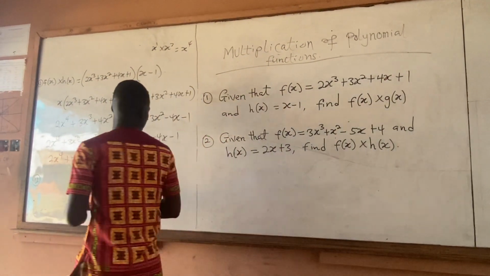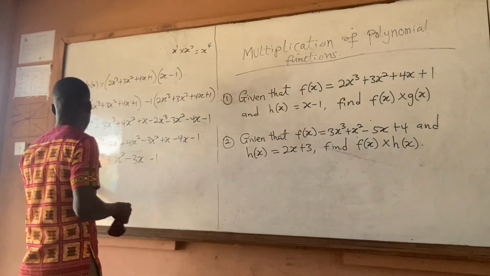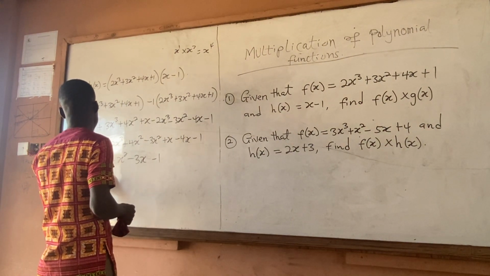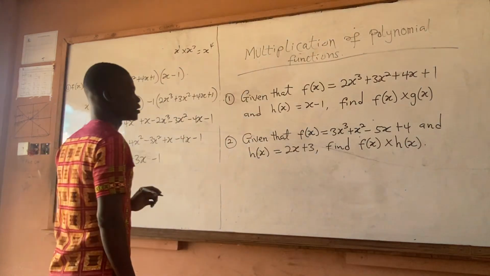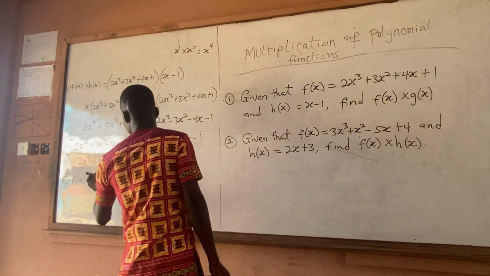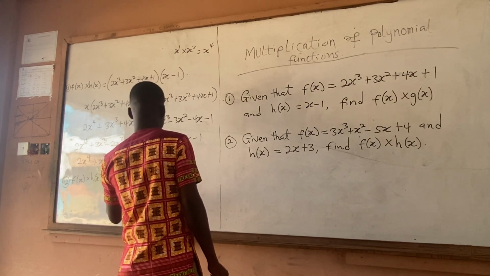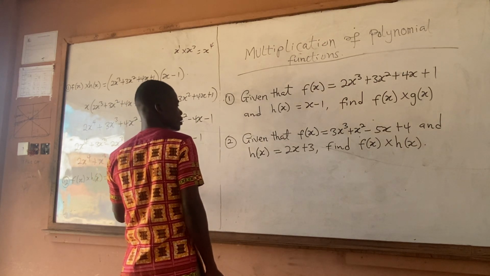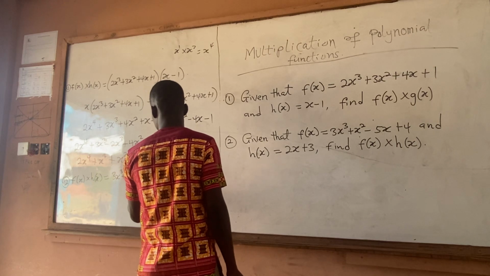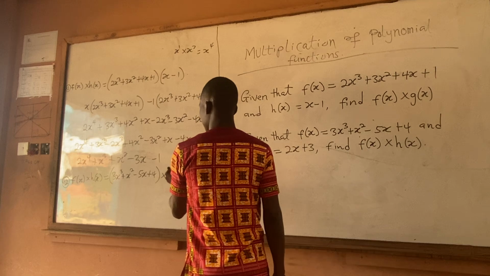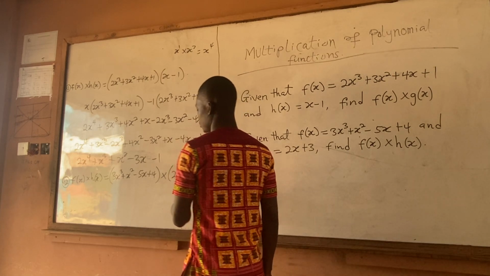So f of x times h of x is equal to 3x cubed plus x squared minus 5x plus 4 times 2x plus 3.